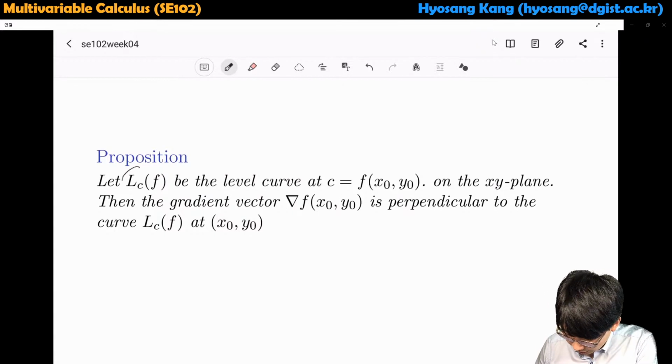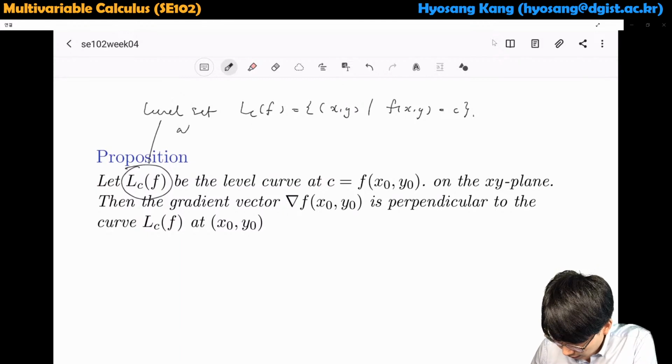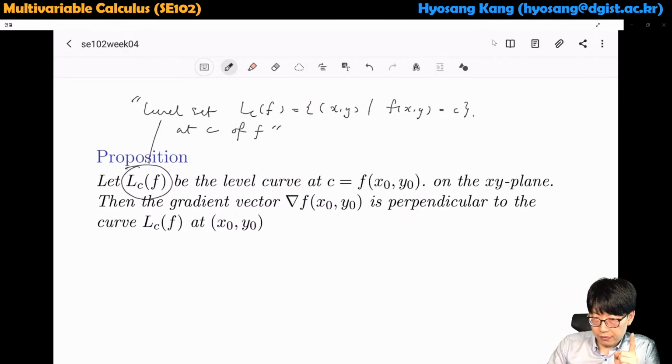Do you remember the level set L_c f? The level set L_c f is defined to be the set of points where the value of the function equals c. So this is the level set at c of the function. Remember that this function is a two-variable function, for example, and the level set lies inside the two-dimensional plane. Usually it's a curve.